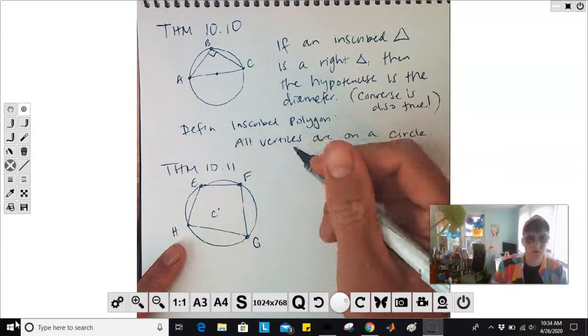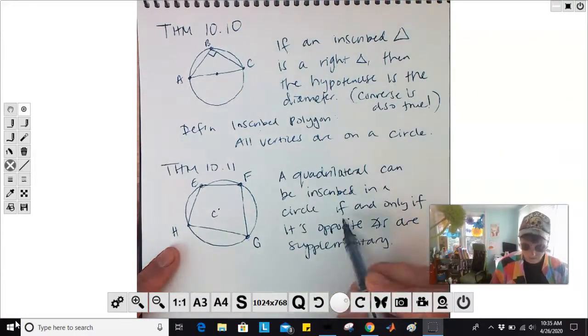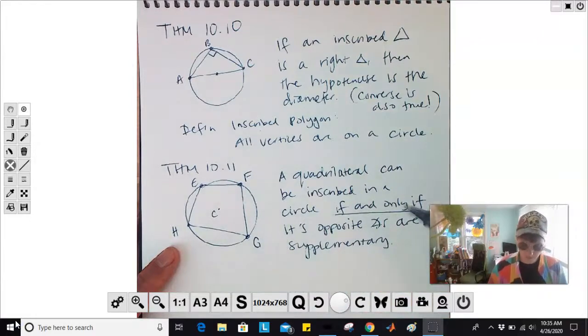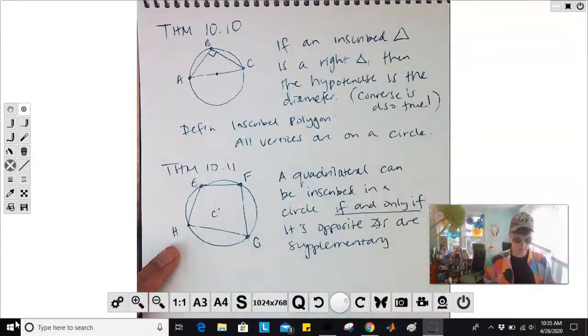Opposite angles are supplementary. So this if and only if means this statement goes both ways. That if opposite angles in a quadrilateral are supplementary, then that quadrilateral could be drawn such that all of its vertices were on a circle.